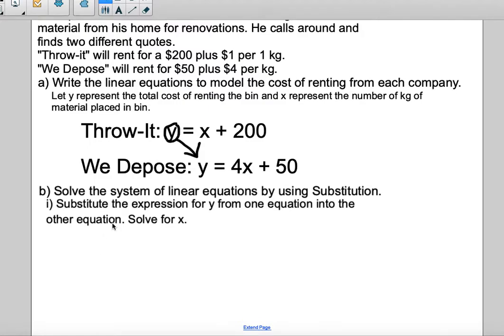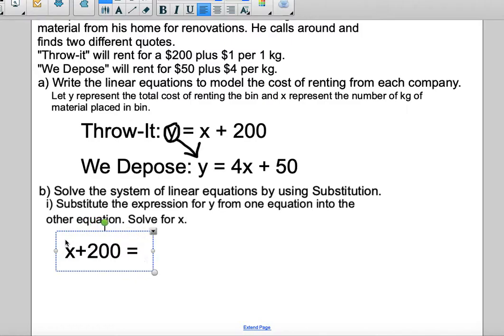So looking at this, we are going to have x plus 200 is equal to 4x plus 50. So we've taken what y literally equals in the first equation and substituted in for y in our second equation and made it equal to that right side of the equation.